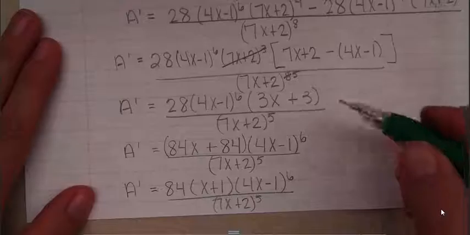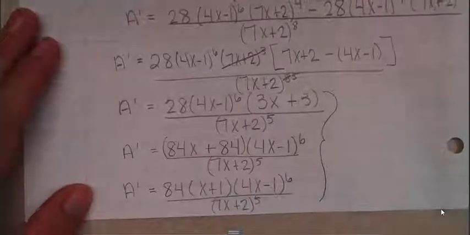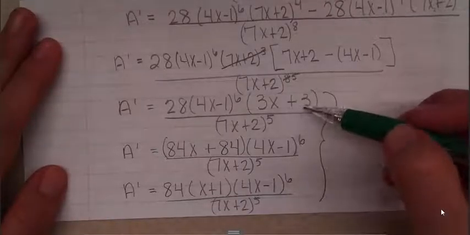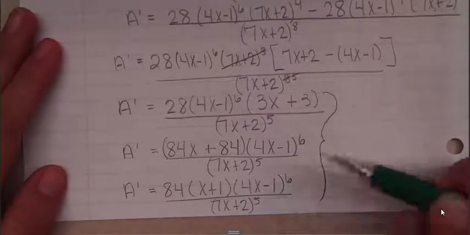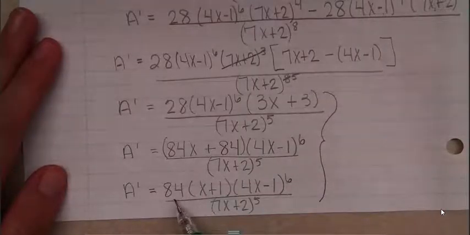So at this point, any of these 3 answers would be fine. It just really depends on if you're trying to check your answer and see that you got it right. The book doesn't have this answer. It actually has this answer. Okay, so I just kind of wanted to show you all the different ways that you can go. Even though, in my opinion, at this point, there's not much use in factoring this out because you're not going to be able to reduce anyways.